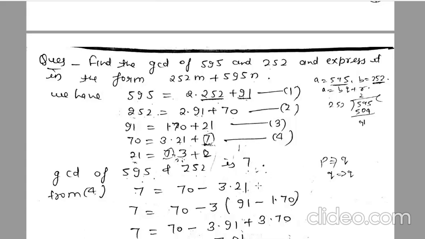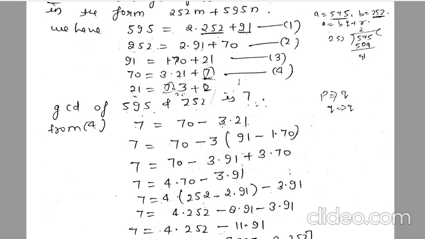Now the first point is solved. Now second is to express it in the form of this one, right? So for the expression of this we will see our equations. The second last equation is 70 is equal to 3 into 21 plus 7.